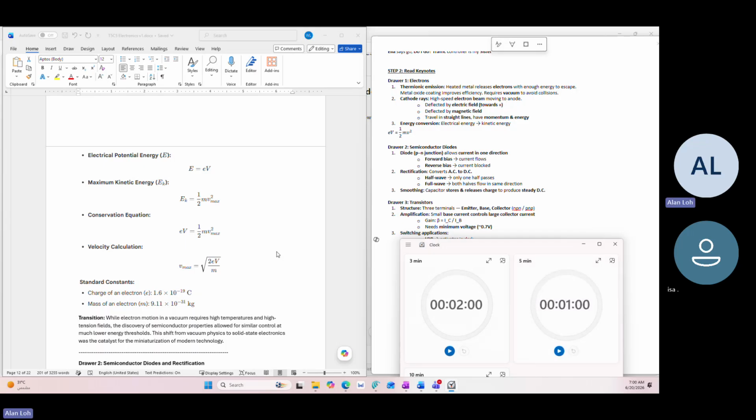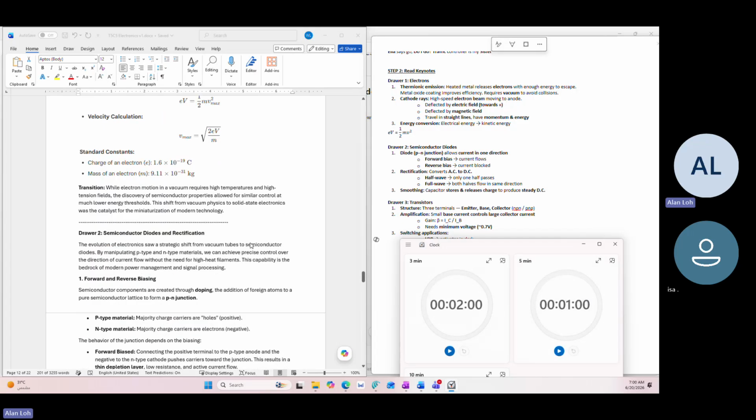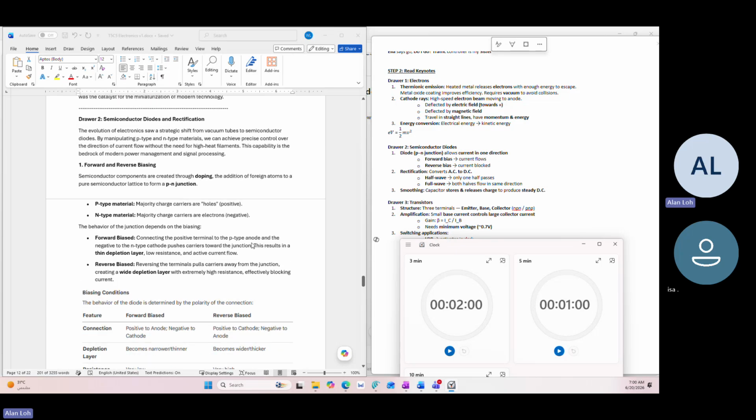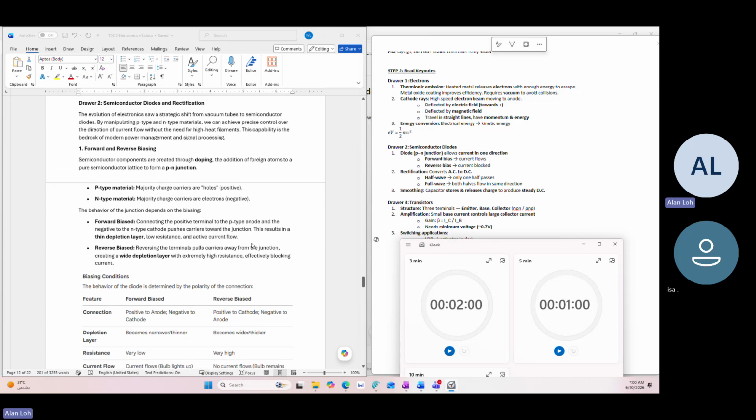All right. Now let's move to drawer 2. Let's do drawer 2 until this table for 2 minutes. Let's start now.